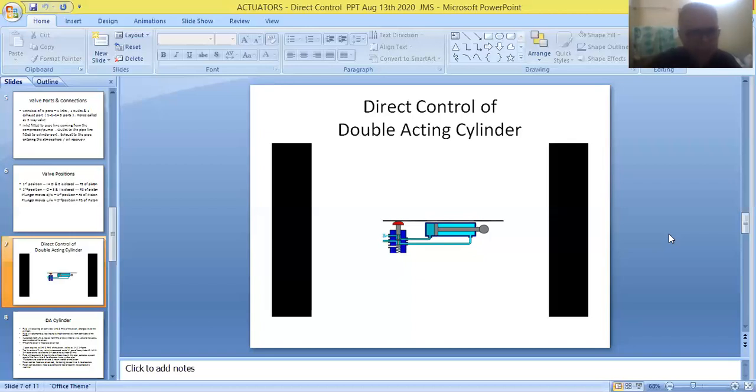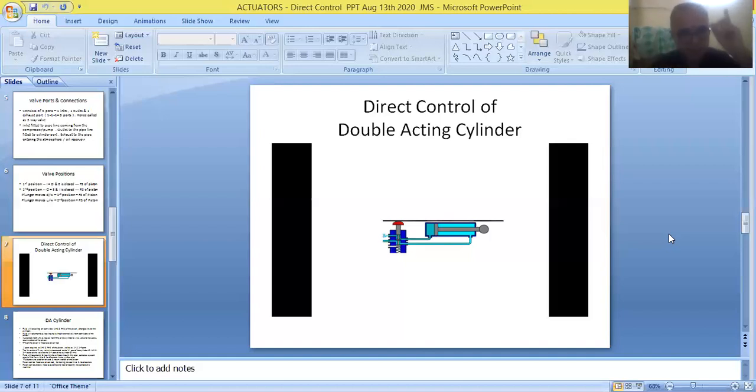So if fluid is entering from the first port of the cylinder, it will be leaving from the second port of the cylinder. That is used for the forward stroke of the piston. And similarly, if fluid is entering from the second port of the cylinder, it will be leaving from the first port of the cylinder. That is used for performing the return stroke of the piston. So friends, this is the basic difference between a single acting cylinder and a double acting cylinder.